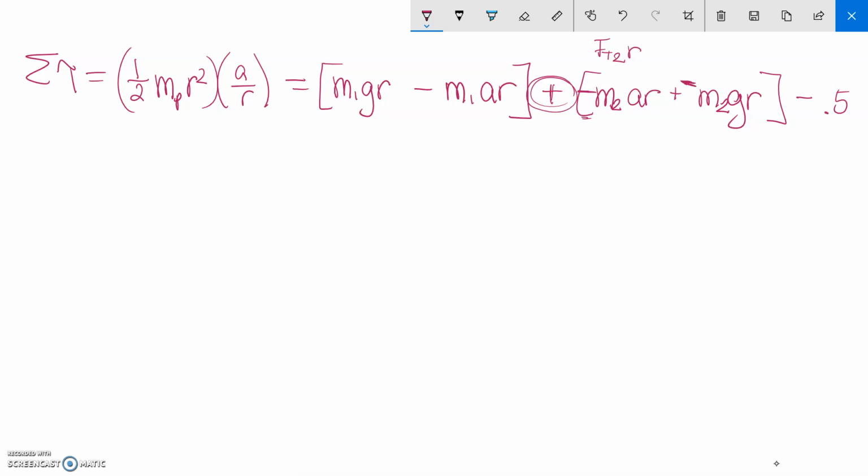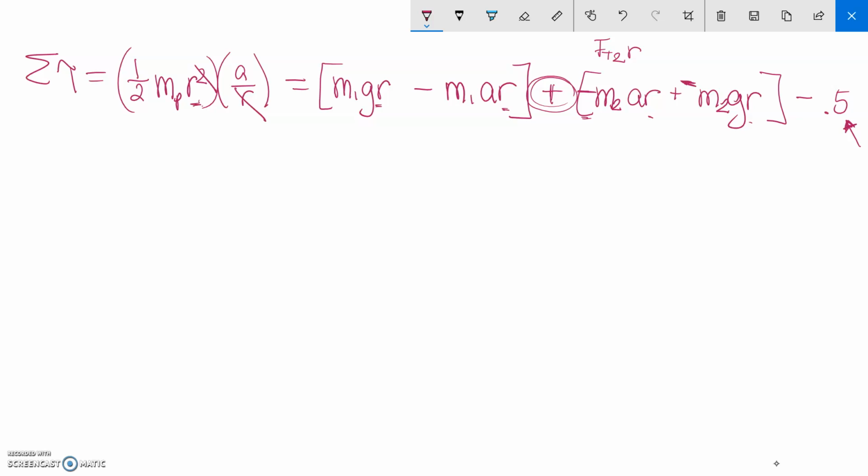So I can cancel out one of these r's. And in problem 6 on page 20, I was able to cancel out the other r with this, but I'm unable to do that in this problem because it's not in every term. There's no r in this term, so I need to keep this r. It doesn't cancel out.